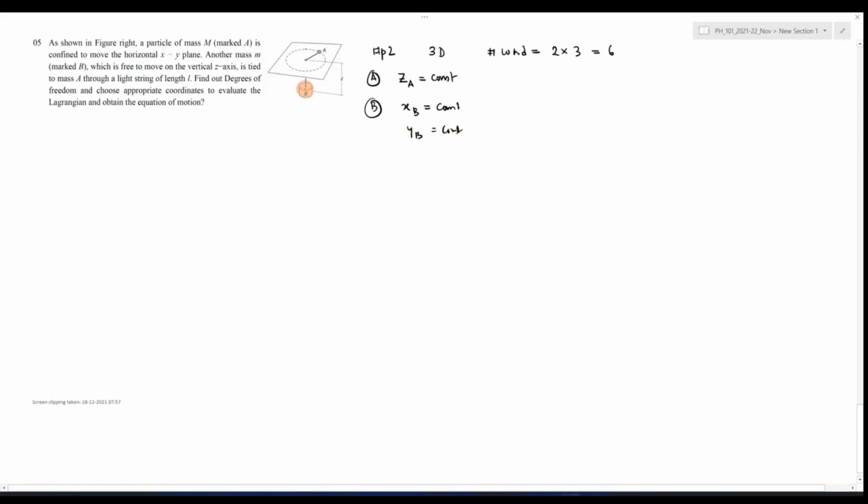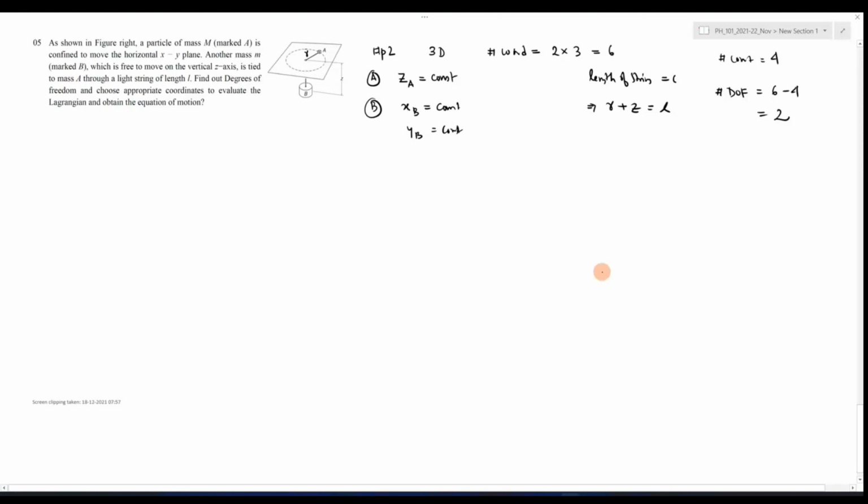And one, also the length of the string is constant. Okay, suppose this is R, this is Z, that means R plus Z is constant. So how many constraints you have got so far? 4. 1, 2, 3, 4. Number of constraints equal to 4. So finally, what will be the degrees of freedom? 6 minus 4, 2.